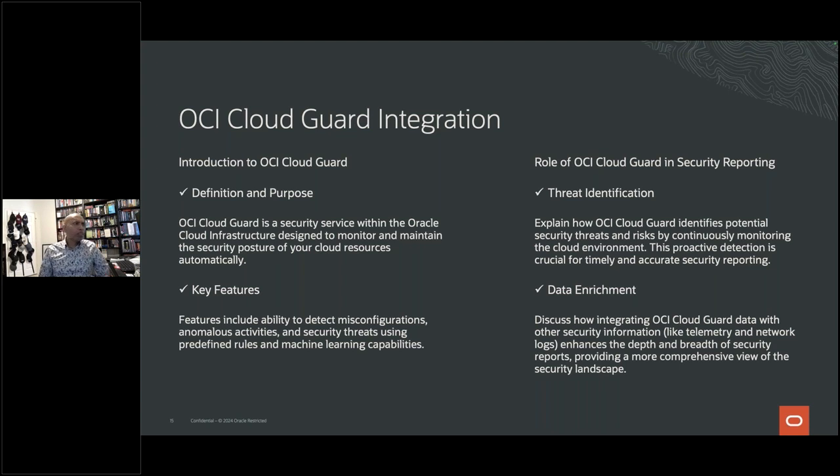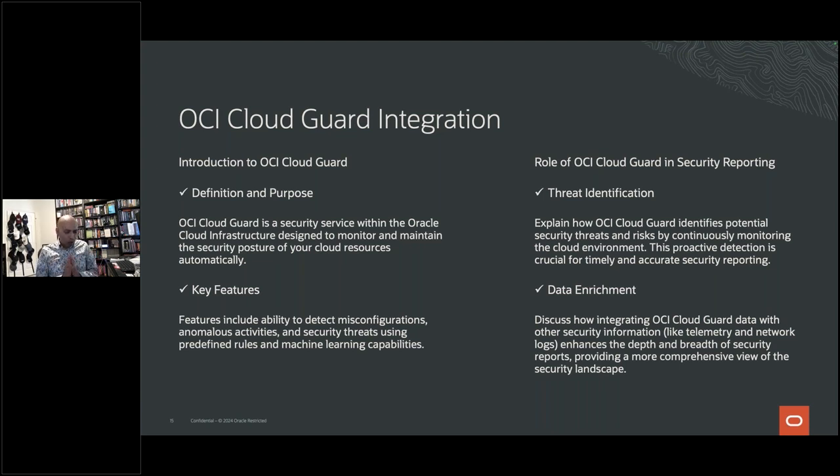So one of the things that we are seeing is that OCI Cloud Guard already has the data security zone and the data privacy pieces built in, and how to aggregate network and security logs.